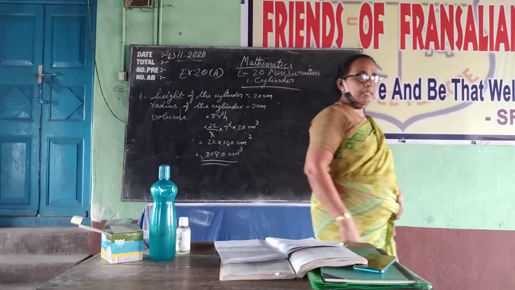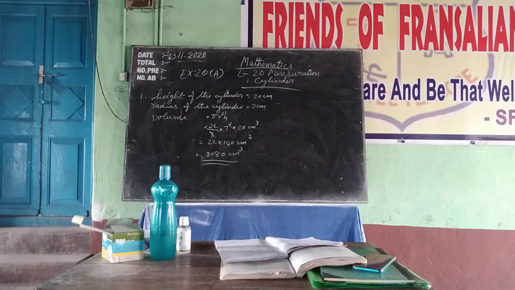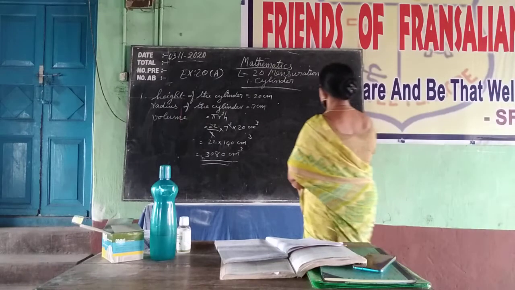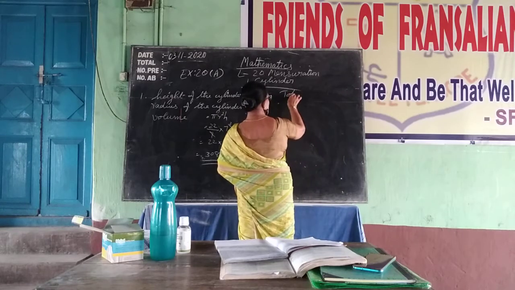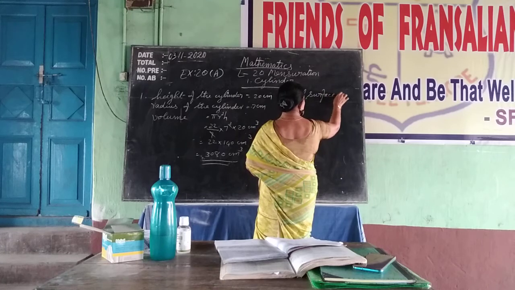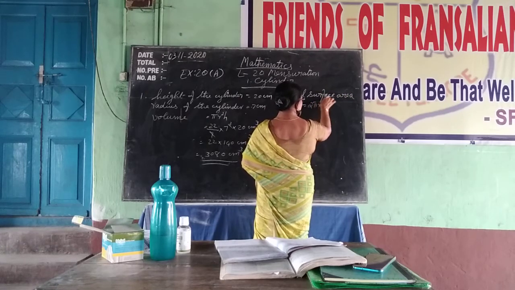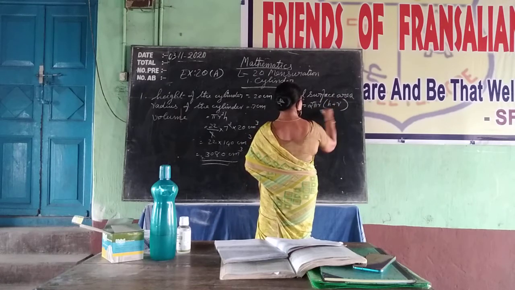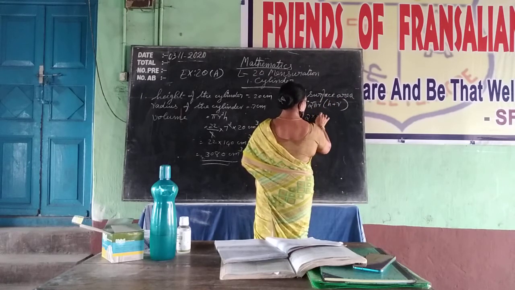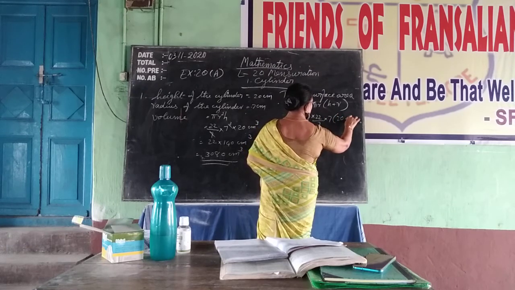Total surface area, 2 pi r bracket h plus r. Pi r into h plus r. 2 into 22 by 7 into 7 bracket 20 plus 7 centimeter square.